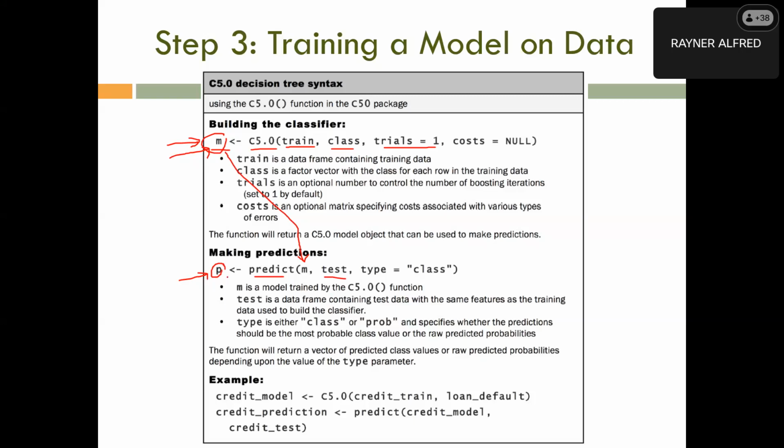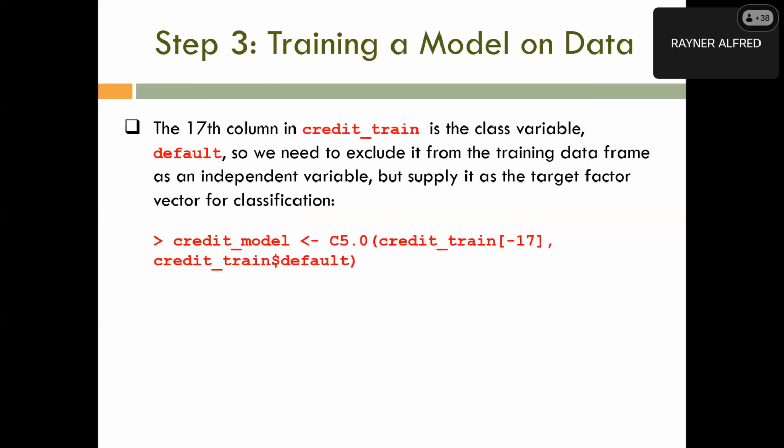What we want to compare is this predicted data with the actual data that we have. So how do we perform this? Basically we are calling the training of the decision tree C5.0. This is the data that we have. I will include all except the 17th column.